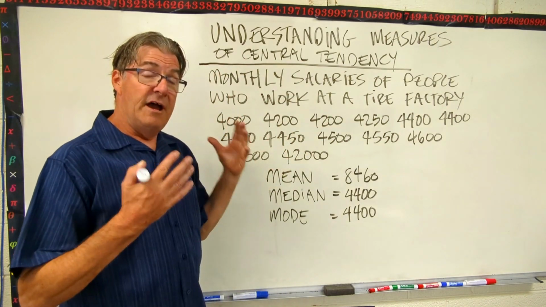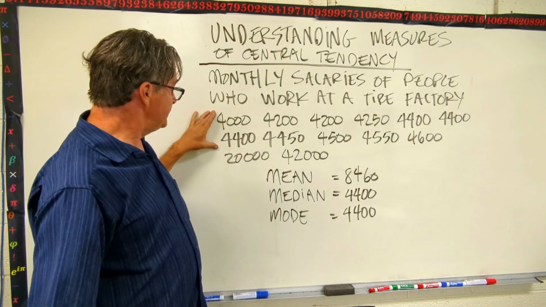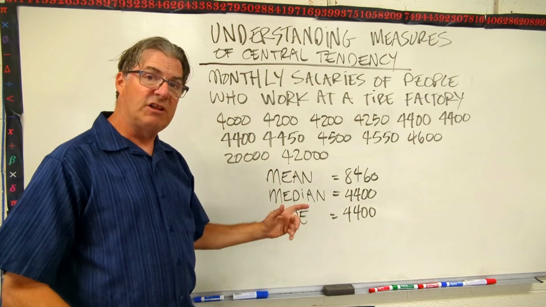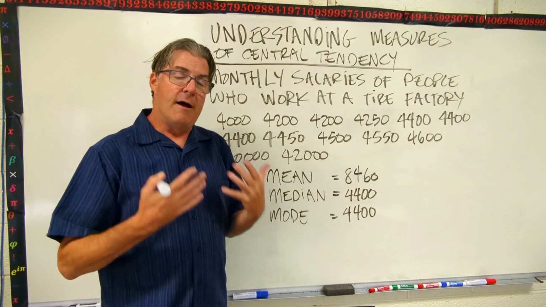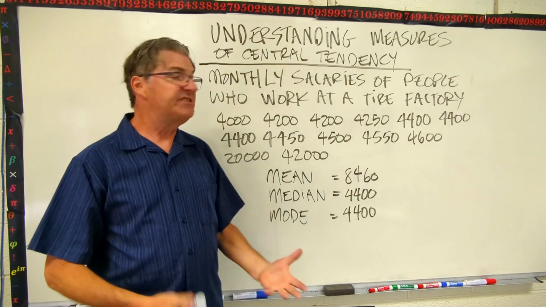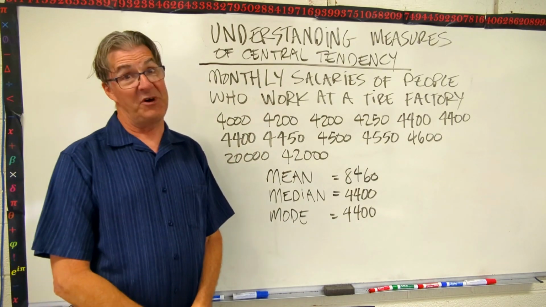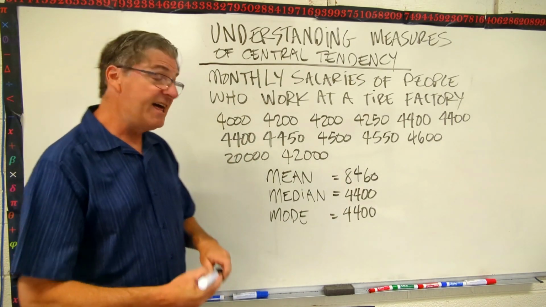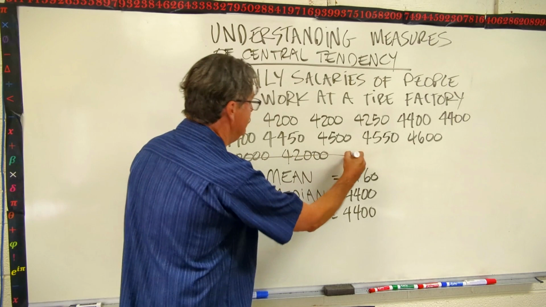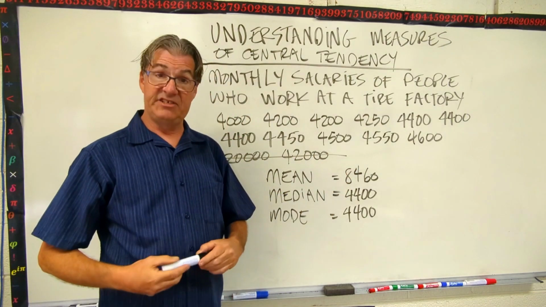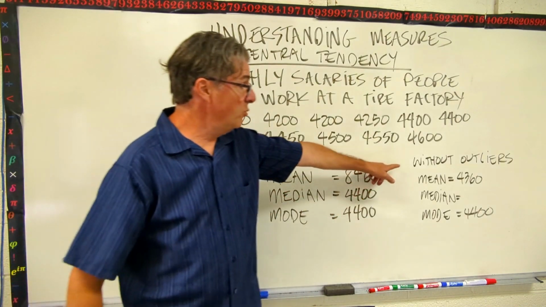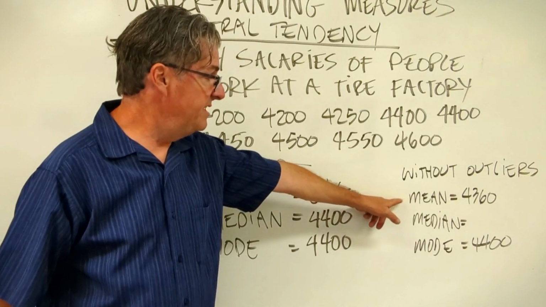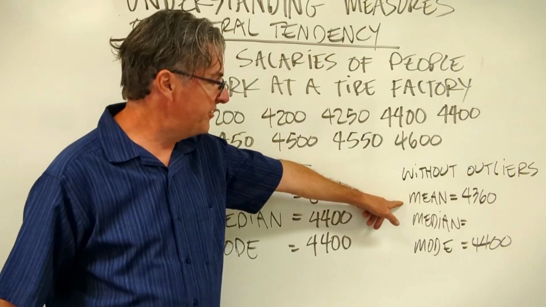And so if we did our stats on these numbers and excluded the outliers, that would be a better way to look at the central tendency of this data. So guess what? I want you to do this calc again, but I want you to take away the outliers and let's see what you got. Check this out. Now, without the outliers, the mean is 4,360.